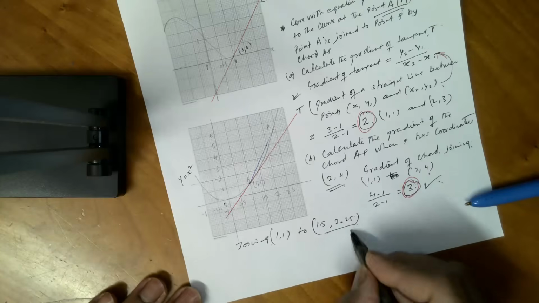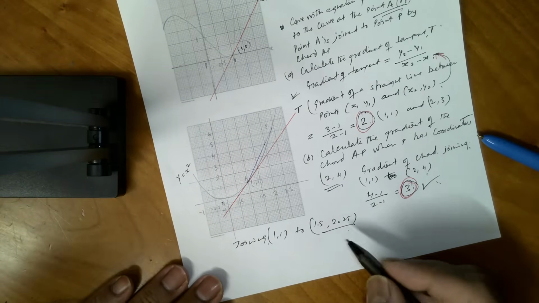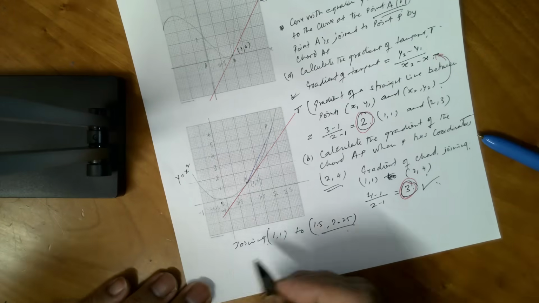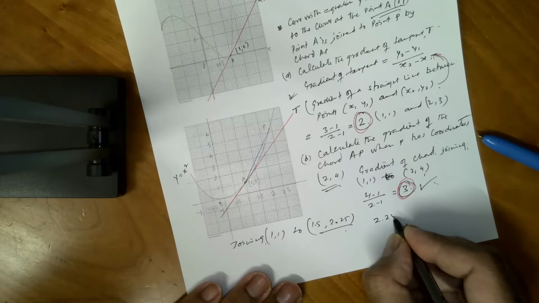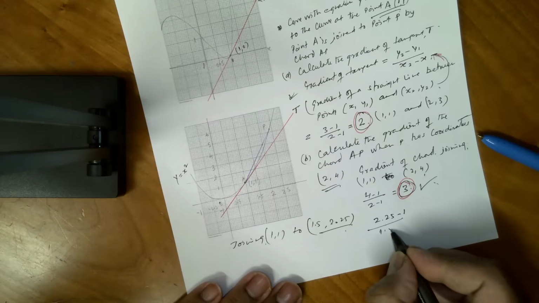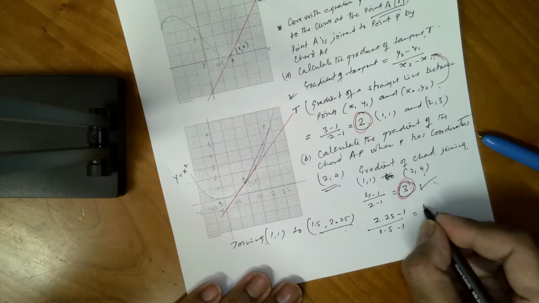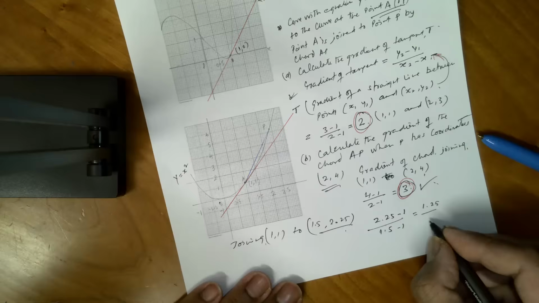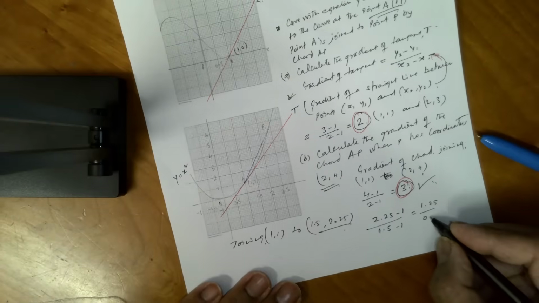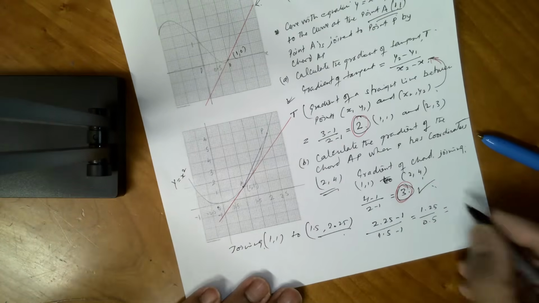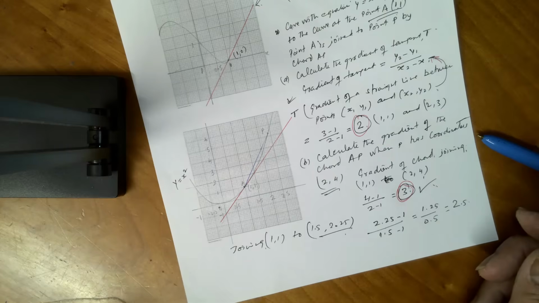So what would the gradient of the chord joining 1, 1 and 1.5, 2.25 be? That would be 2.25 minus 1 over 1.5 minus 1, which is 1.25 over 0.5, and if you calculate that, that gives 2.5. Right.